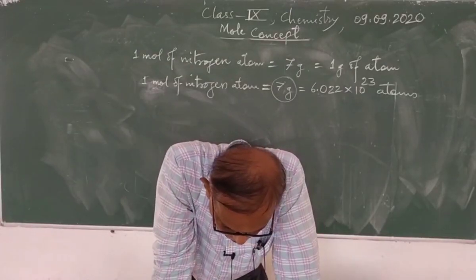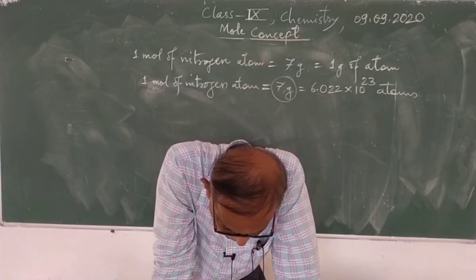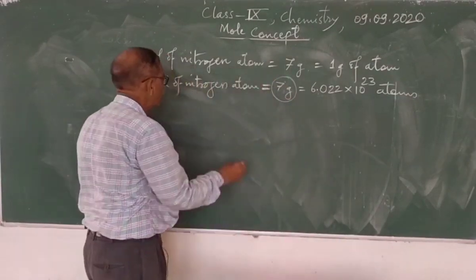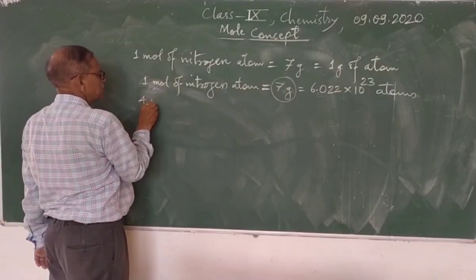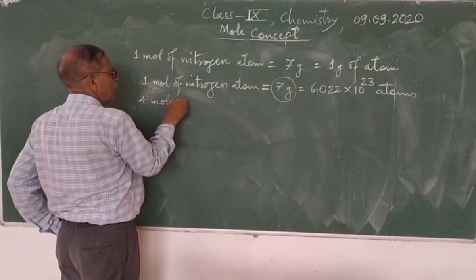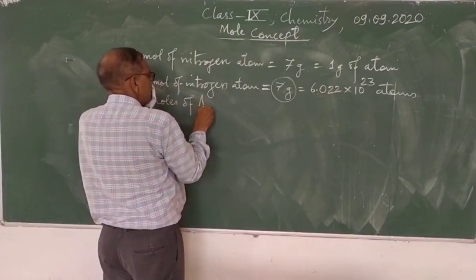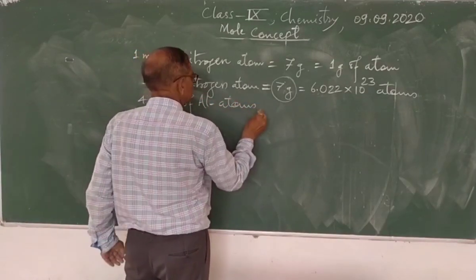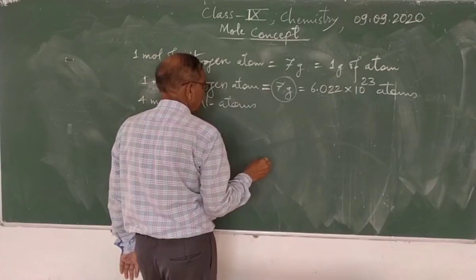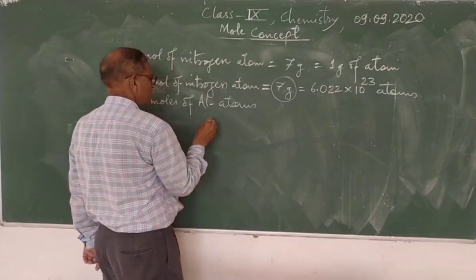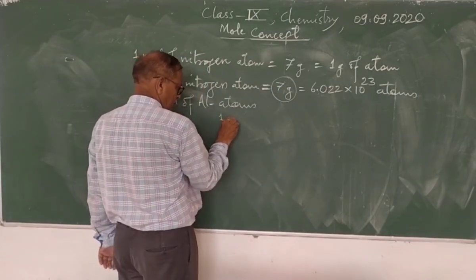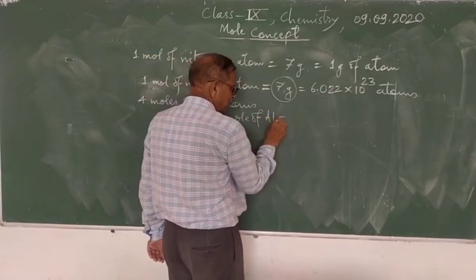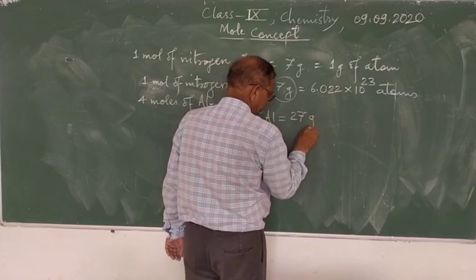4 moles of aluminium atoms. So 1 mole of Al is equal to 27 grams.